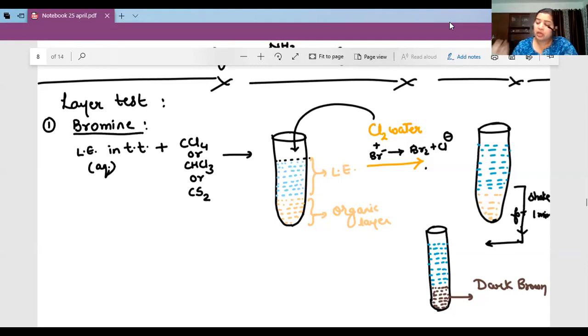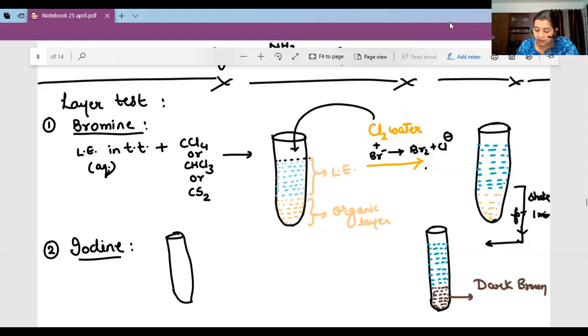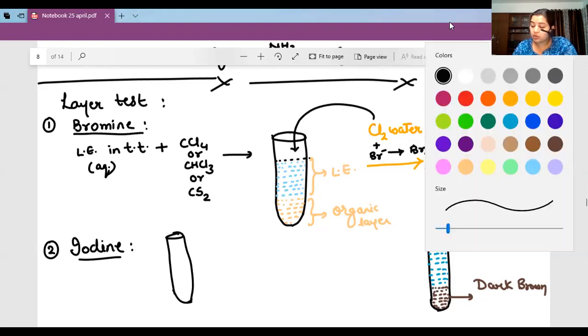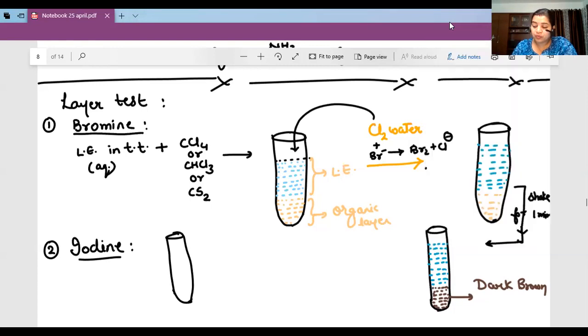Is it okay? If I repeat the same test for iodine, same steps, everything is the same. Then in the final stage, the only difference will be that down below, instead of brown, you will have a violet, dark pink-violet layer.